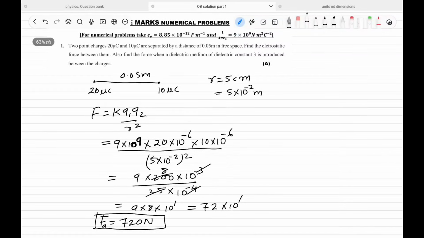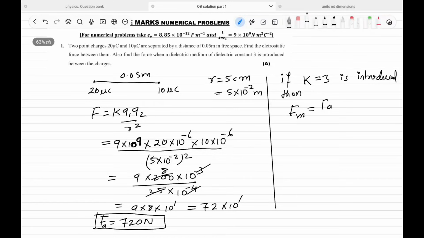Now, if dielectric constant K of 3 is introduced, then F medium is equal to F air divided by K. Okay, dielectric constant. Here K is the dielectric constant.